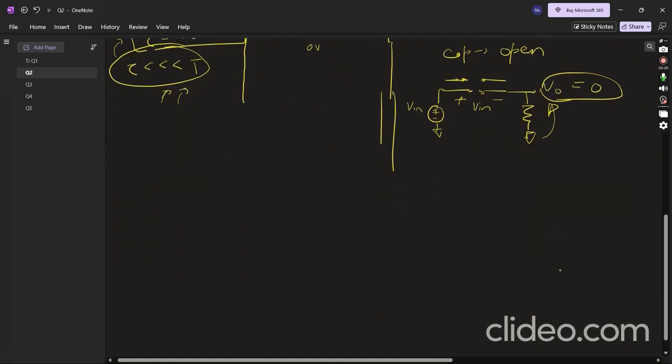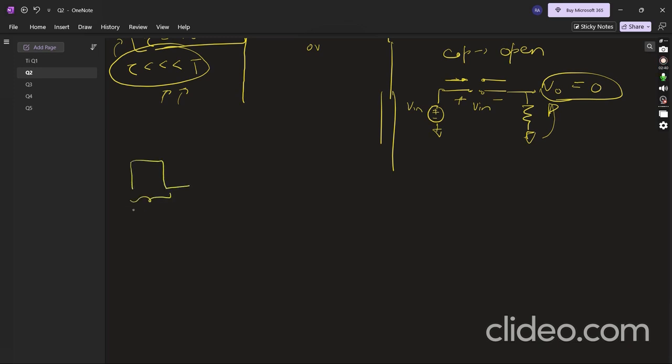Like we covered the circuit for this half pulse, and for the other half, the input becomes 0. So now the circuit looks like this.